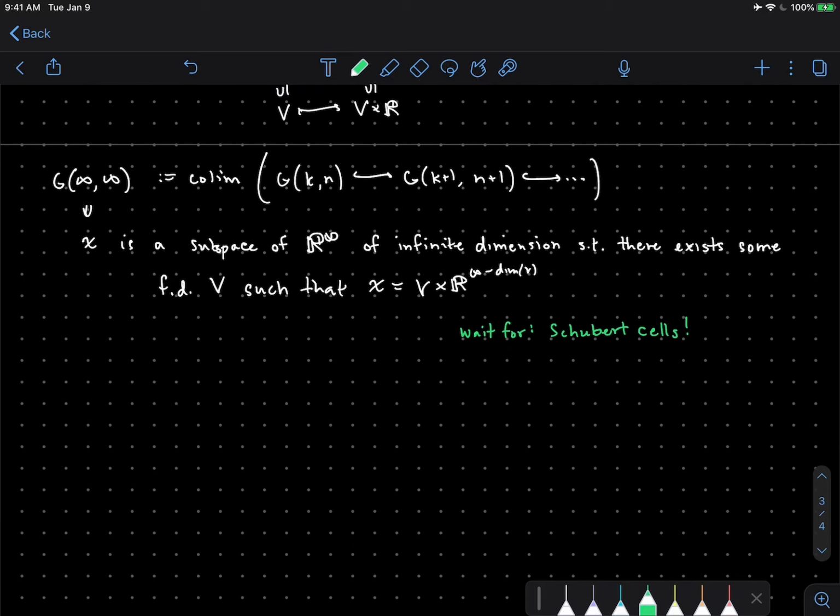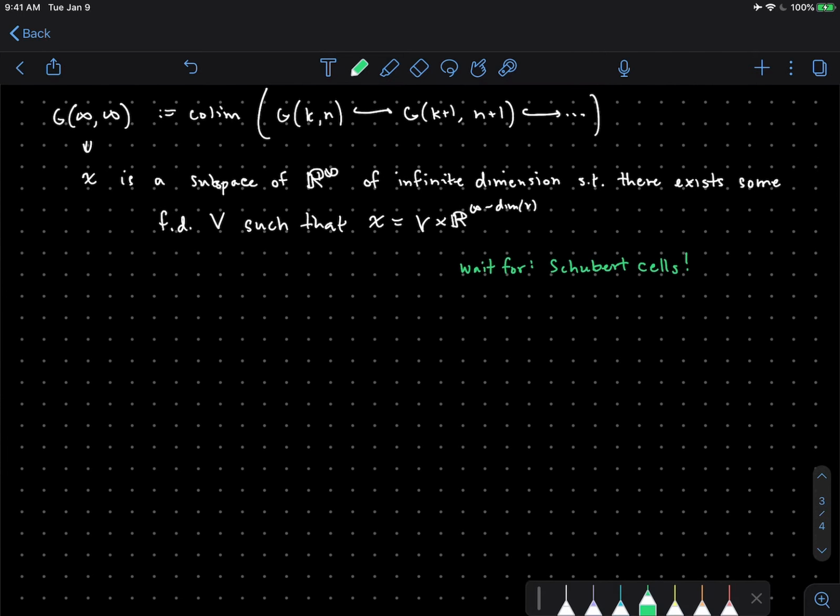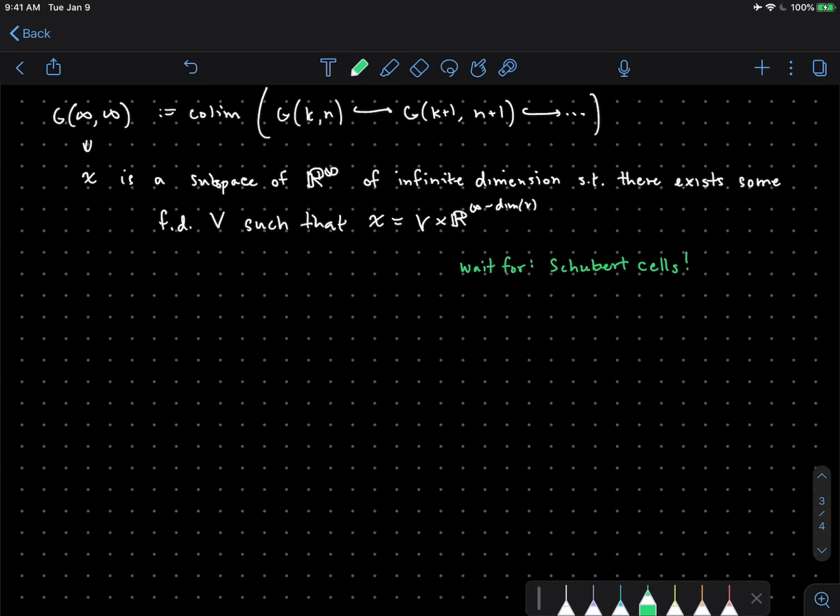These are really important in algebraic geometry and combinatorics. It's a super cool thing, but we're going to wait until we have a reason to talk about what are called cell complexes, and then the Grassmannians are going to be really cool examples of cell complexes.